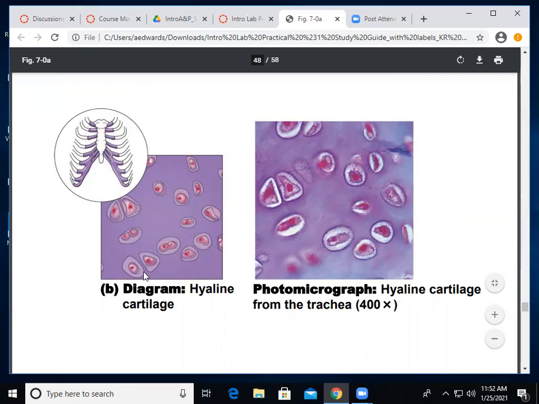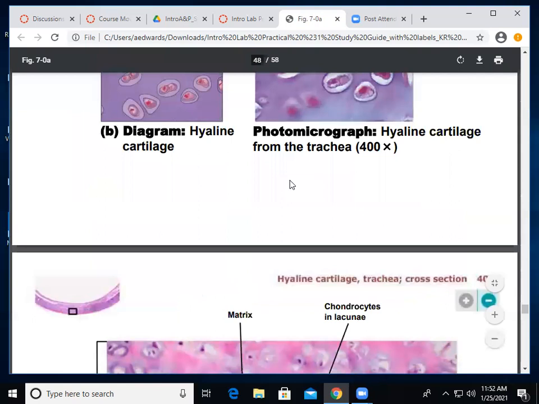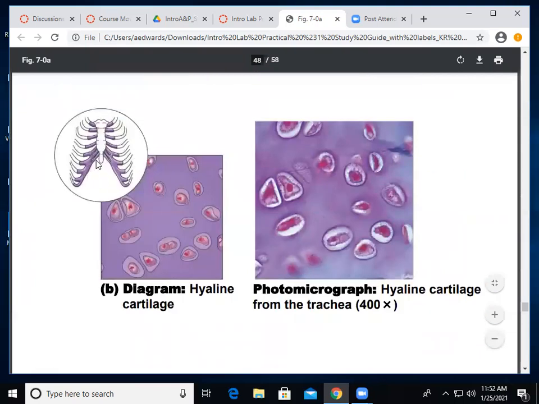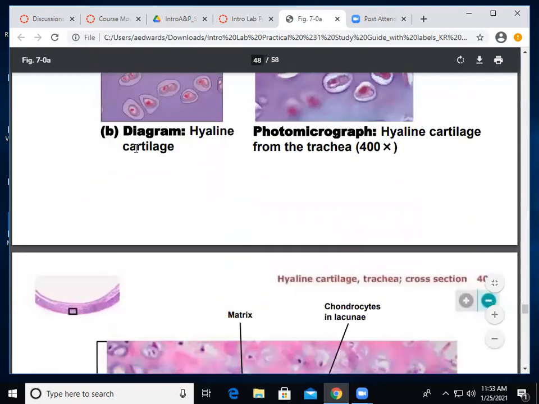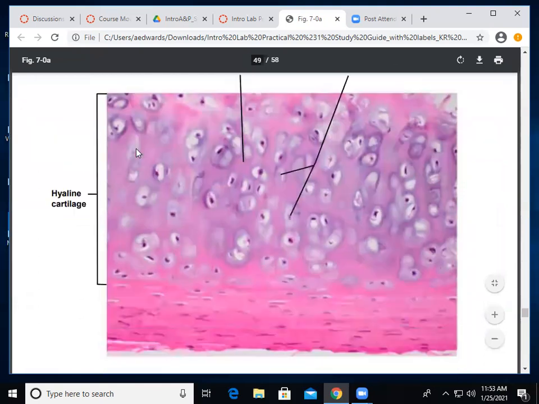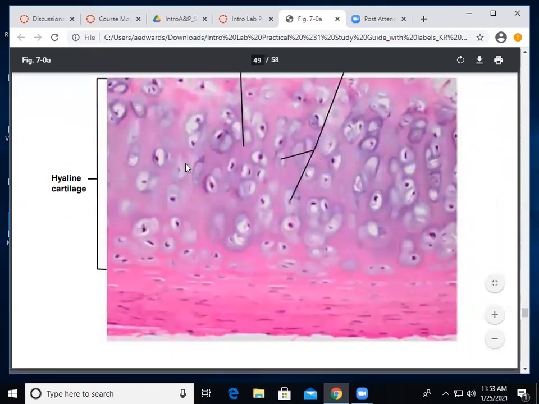So when you see this kind of meshwork or these little circles or these little eyes, that's cartilage. And hyaline is kind of like your generic cartilage. Okay. Like here you have the cartilage in your ribs. That's hyaline cartilage. You kind of get this pinkish purple space here.